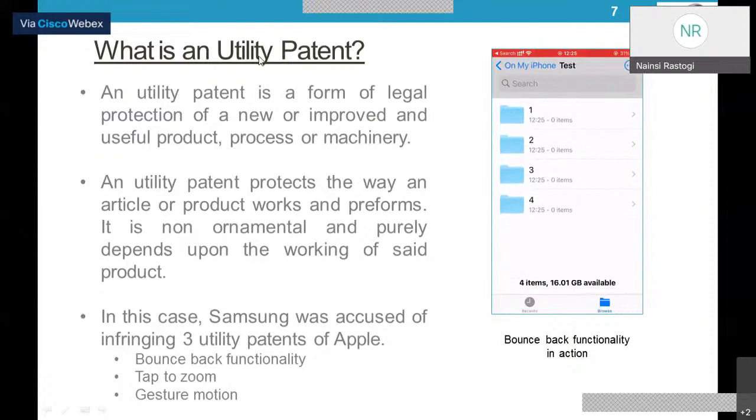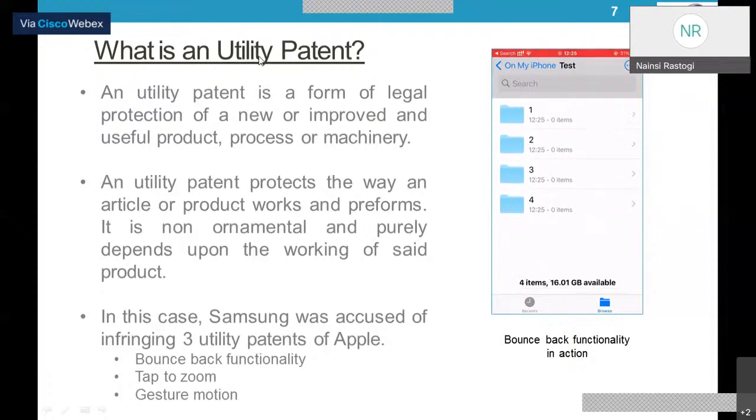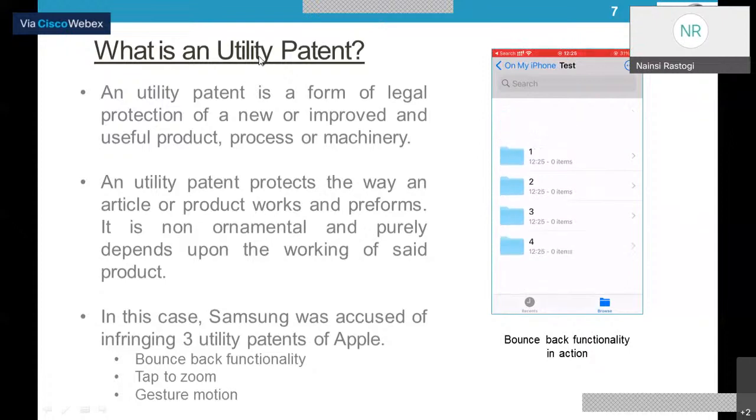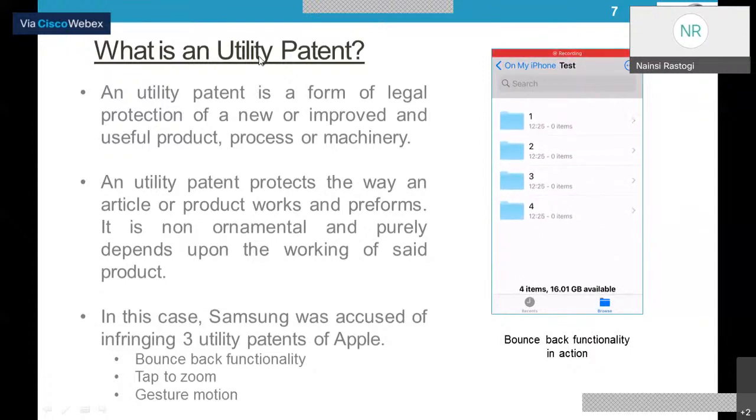Basically any improvement we make in terms of technical functionality or product technicality, maybe adding a few features or a few steps, or making improvements in the product or processes, would be the subject matter of a utility patent.